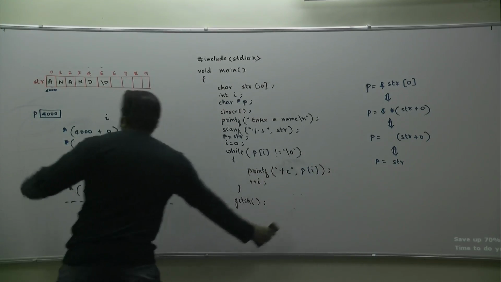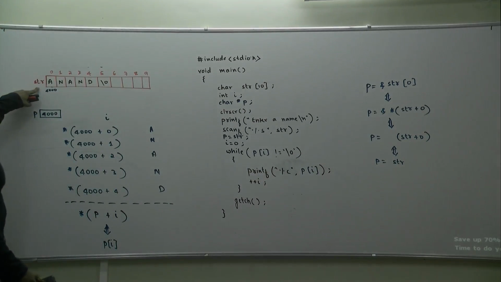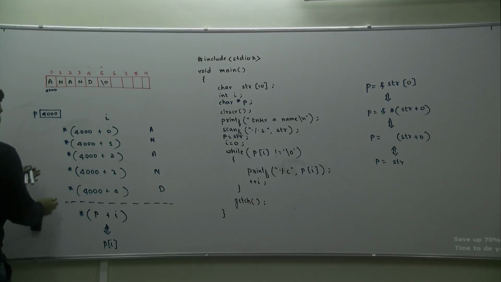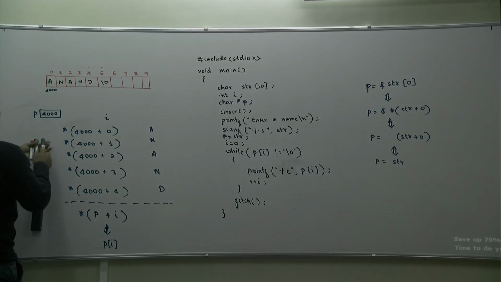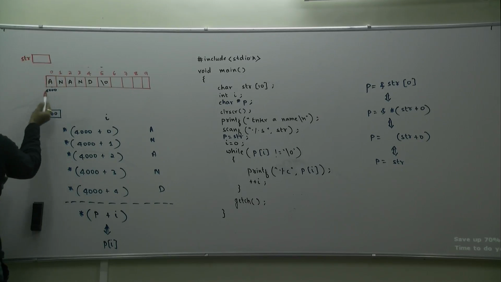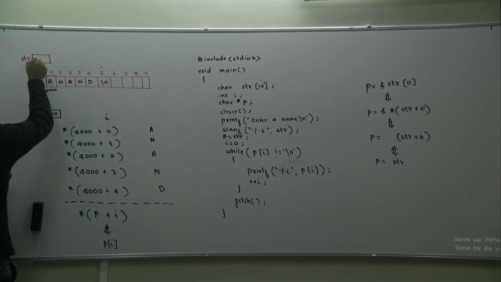Notice this array name str that I have been writing. In reality, that str is like this. Whatever str I have written, this is that str, and what is there in str, if you ask me, is this base address 4000.